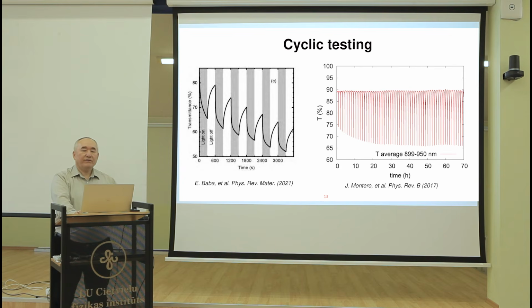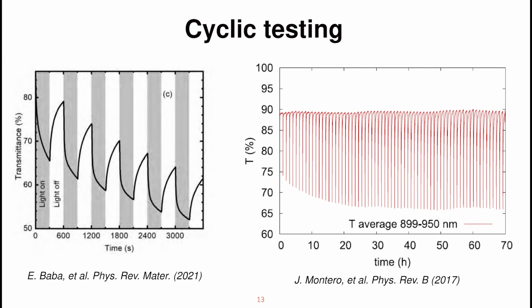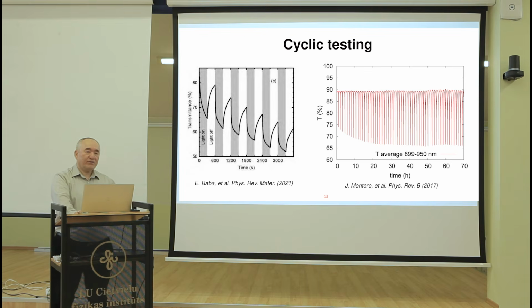Then another very important parameter is cyclic testing. Cyclic testing means the material will be illuminated for half an hour, then the light will be switched off for another half an hour to let the system bleach back into the transparent state, and then illuminate it again, and then bleach it again. This process should be continued multiple times. Before bringing this material to the market, this type of testing must be done.